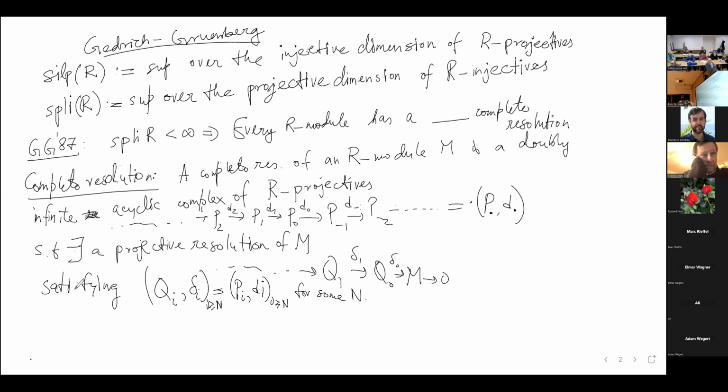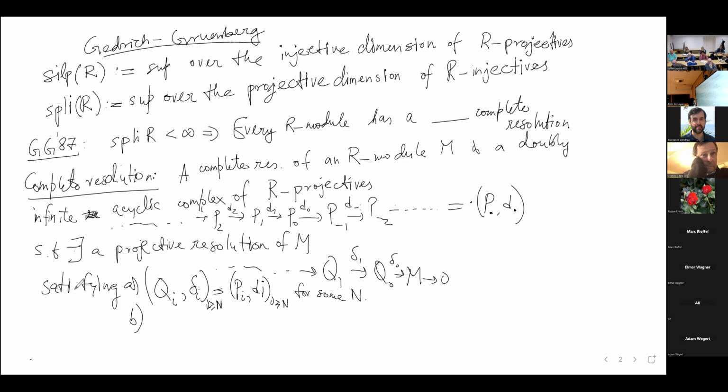This is just acyclicity. The total acyclicity condition: I meant to write complete, satisfying this is property A and B. The second property isn't a property of this projective resolution.